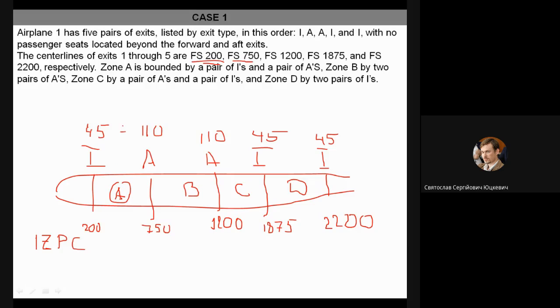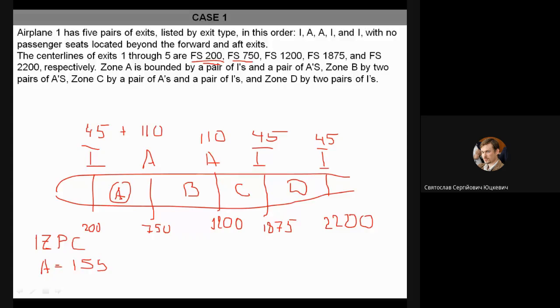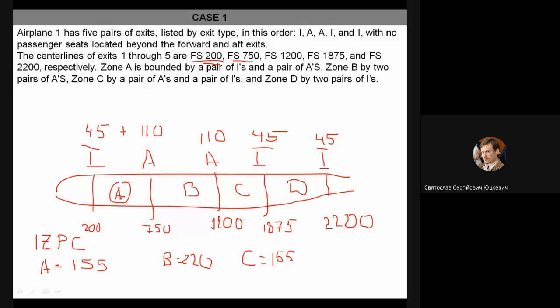It will be the sum of these boundaries. Zone A will be 155. For zone B, it will be 220. For zone C, it will be 110 plus 45, 155. And for zone D, it will be 90.